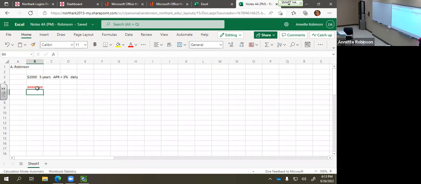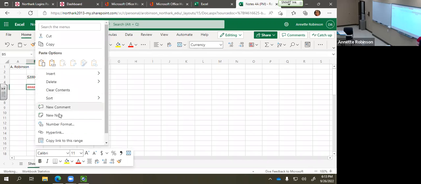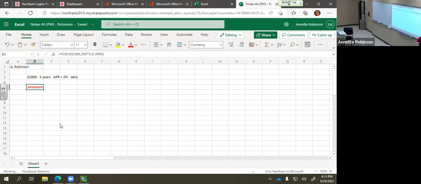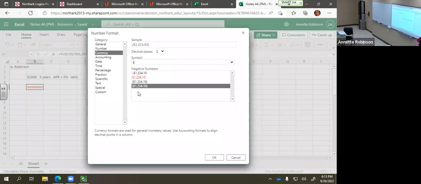So going back to that box, I am right clicking my mouse to pick number format. And it was supposed to come, there it comes, it's just slow. I want 2 decimal places because we're talking money. Now you can pick any of these you want.